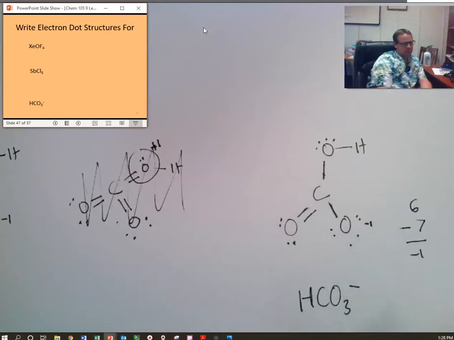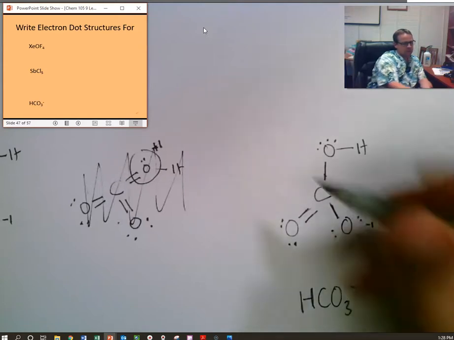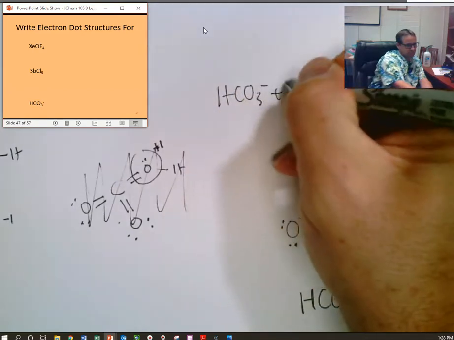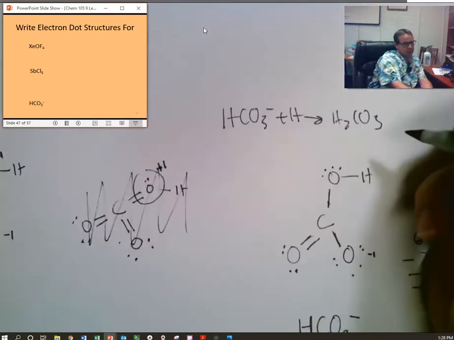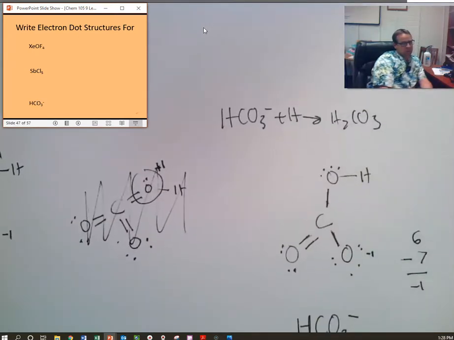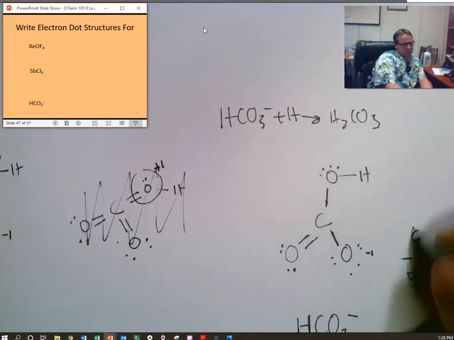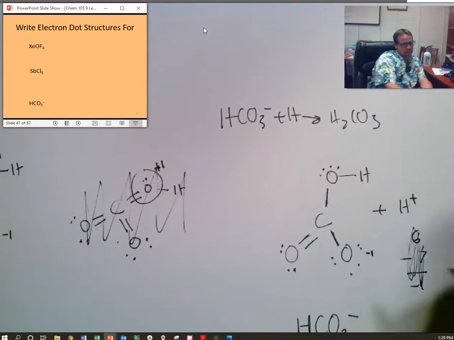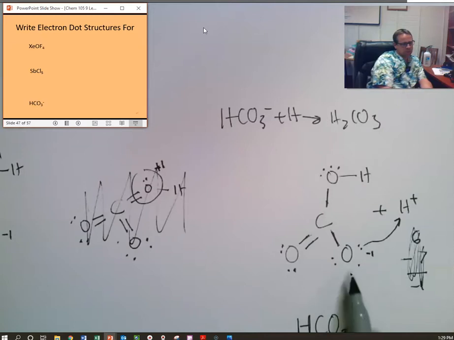That's also consistent with our understanding that if I take HCO3 minus, add a proton, and form H2CO3, this thing combines with a hydrogen ion, and these electrons come up here and result in a bond there.